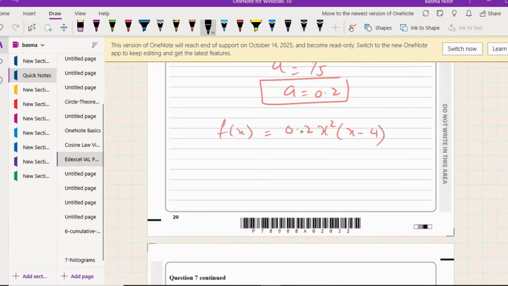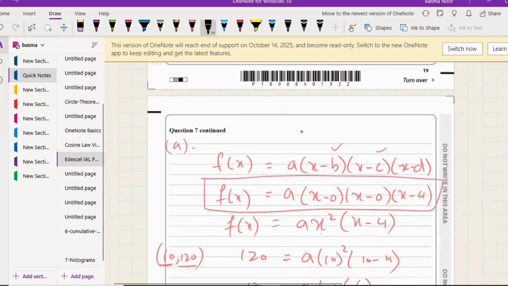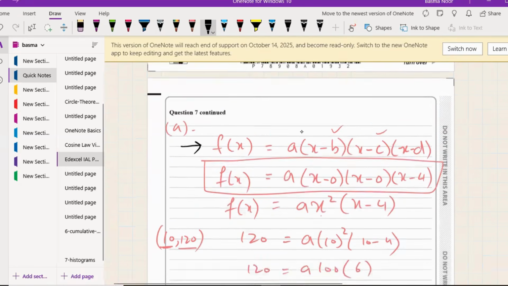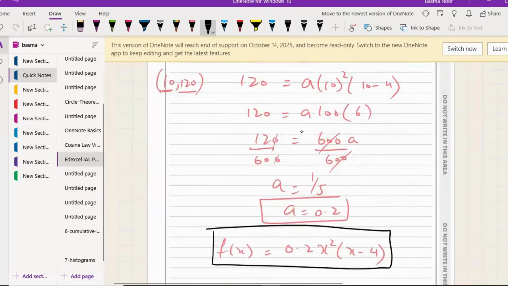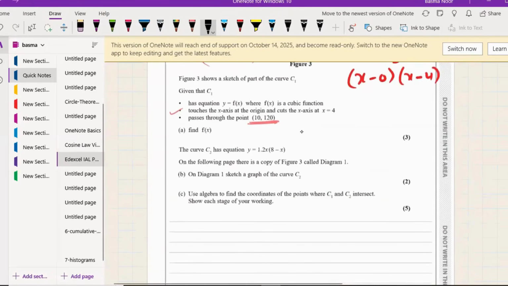So this is the simplified f of x function you have. Okay, you were given a point, you substituted that point. You were given the multiplicities, like the x-intercepts, so we substituted those x-intercepts in the standard function, and you got the curve equation, the function for the curve.